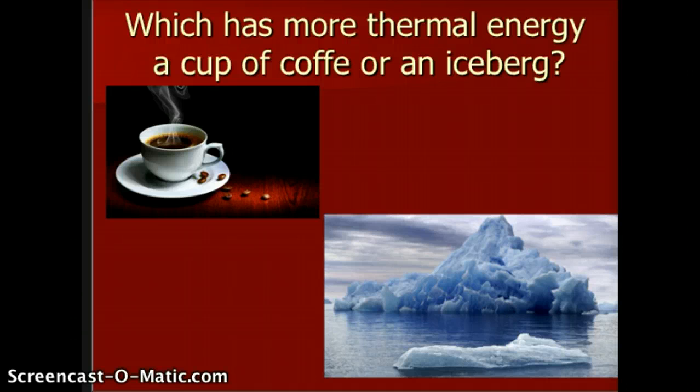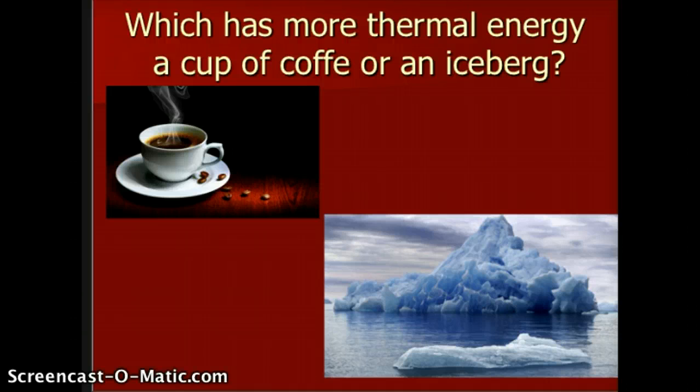So if we take that temperature difference, yeah, the coffee has a greater temperature, but when we remember that thermal energy also deals with how many particles there are, and an iceberg is 1,000 times larger than a cup of coffee, you guessed it, even though the iceberg is at a lower temperature, it contains a whole lot more thermal energy because it's not at absolute zero, and it's much larger than a coffee cup. So it does have a value, and there are many particles with that value. So we get a greater thermal energy value.